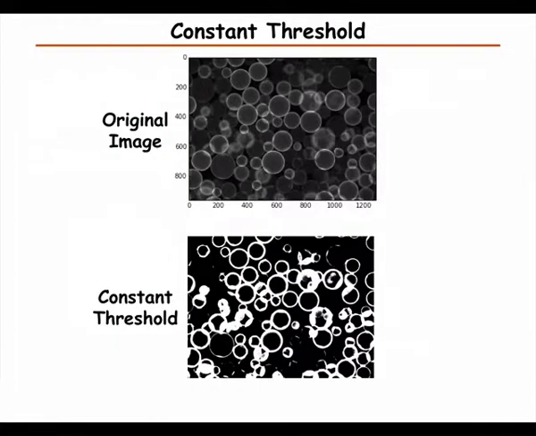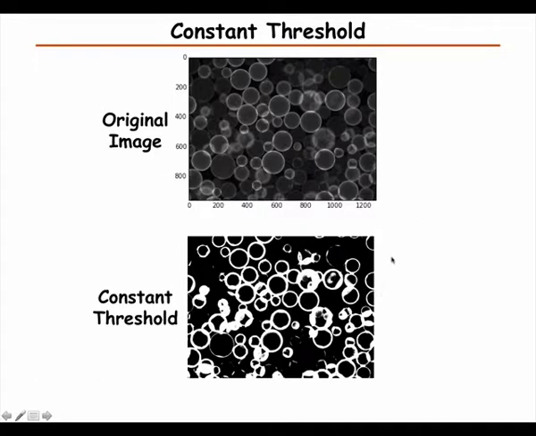If we do this here, we apply a constant threshold first, based on this method that minimizes variance. We see that we find the rims a lot of times. In areas like this, it gets a little bit complicated and it doesn't look so good.